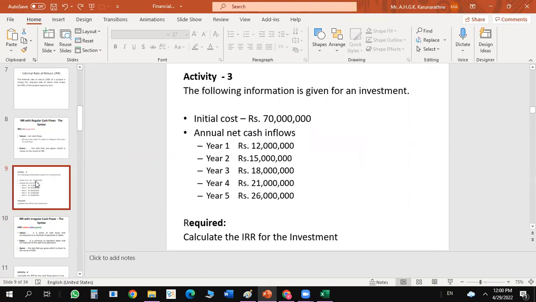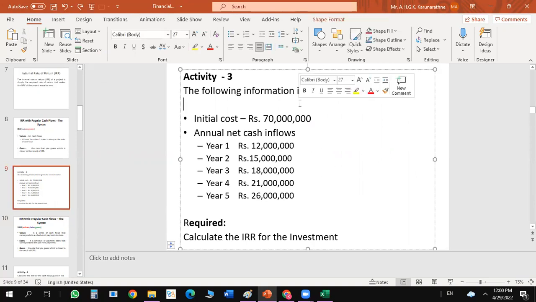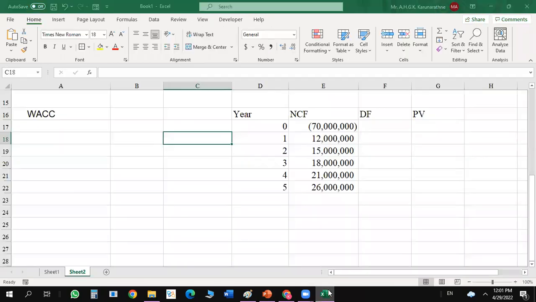So let's assume the cost of capital is 12%. Let's assume the cost of capital is 18%, right? Cost of capital 18%.